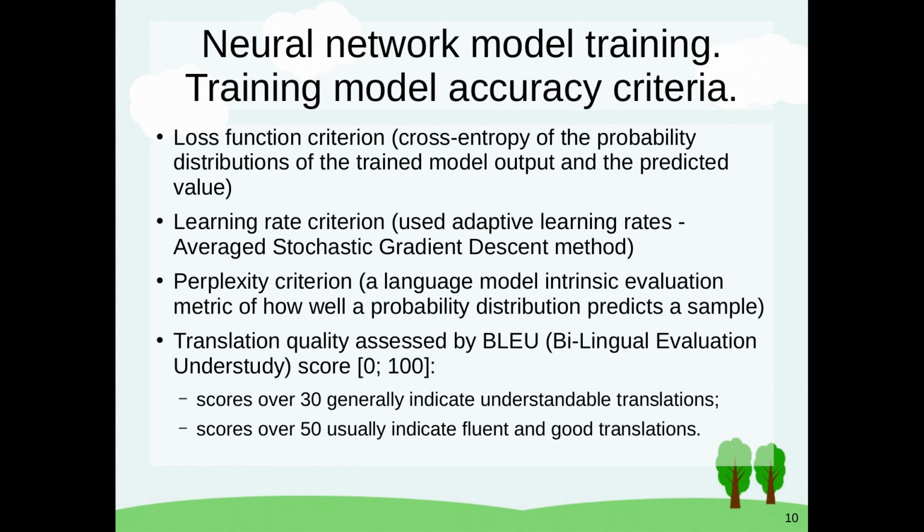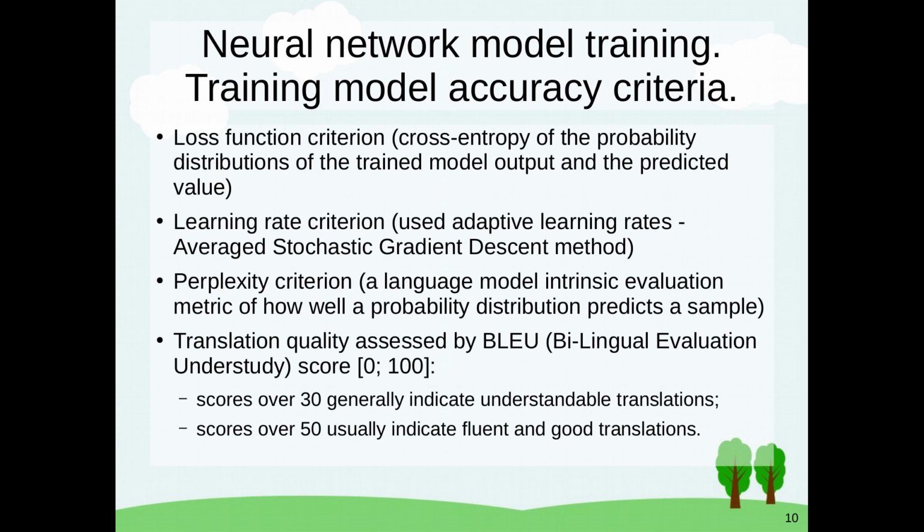We use cross entropy of the probability distributions of the trained model output and the predicted value. The next criterion is the learning rate criterion. We use adaptive learning rates, such as averaged stochastic gradient descent method, and its implementation in PyTorch. Perplexity criterion, a language model intrinsic evaluation metric of how well a probability distribution predicts a sample.